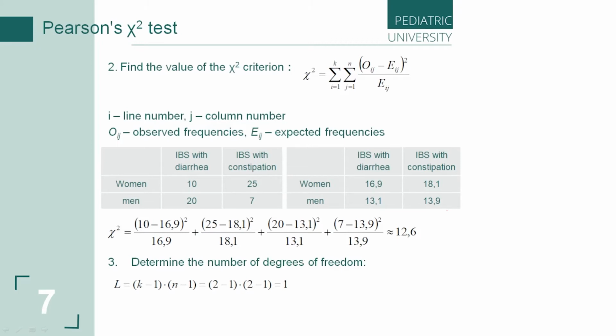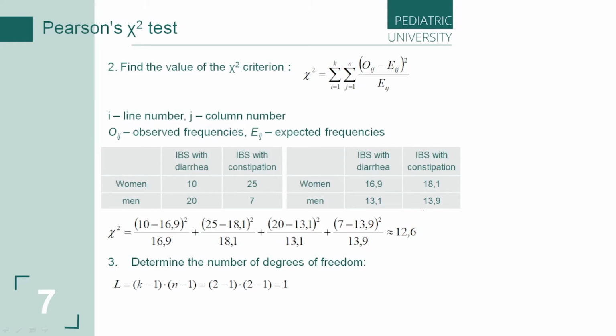But if the table is not 2 by 2, we will have more summands in the formula when we calculate. So we should put every point in every column. In our situation, the control value of the chi-square criterion is 12.6.